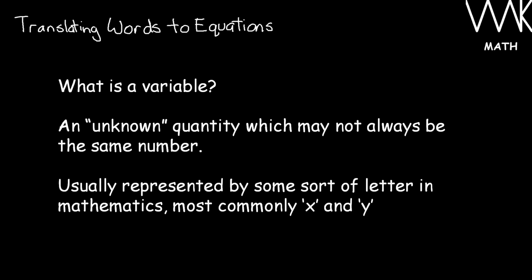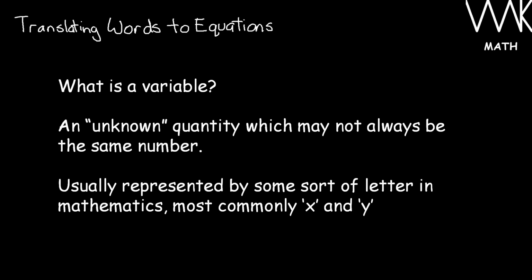Now, before we actually start talking about translating statements into math equations, we got to talk about one thing, and that is, what is a variable? A variable, you can think of it as some unknown quantity which may or may not be the same number.